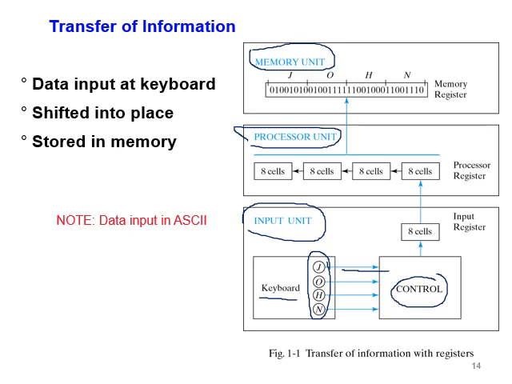for J, O, H, N, and store each one of them in this register. This is called the input register, 8 cells, and then we enter them into the process: the first one, the second one, the third one, the fourth one, we put them together in this sequence. Now we process them because we are putting them together to produce a word, which is John. After that, the process unit goes to the memory unit to store it.